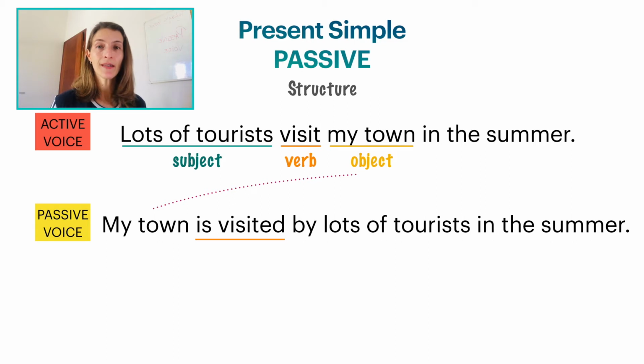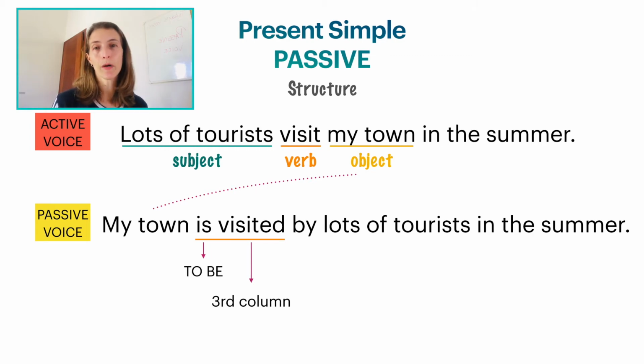Como dijimos antes, ¿sí? Tenemos el verbo to be, en este caso is, the verb to be, que obviamente si estamos hablando de oraciones en presente simple, el verbo to be va a estar en cualquiera de sus conjugaciones en el presente simple. Is, in this case, am or are, okay? And then we have the main verb, el verbo principal, en la tercera columna.